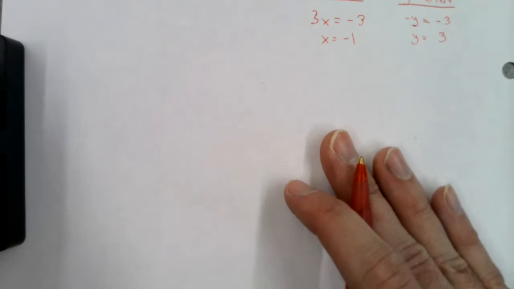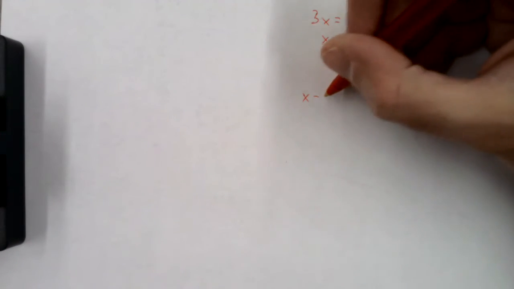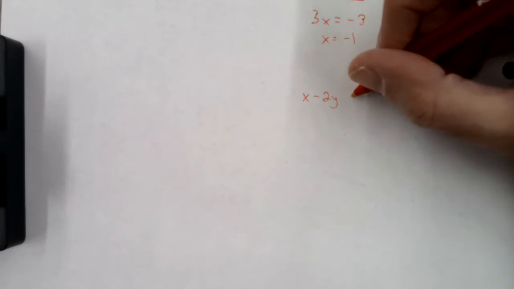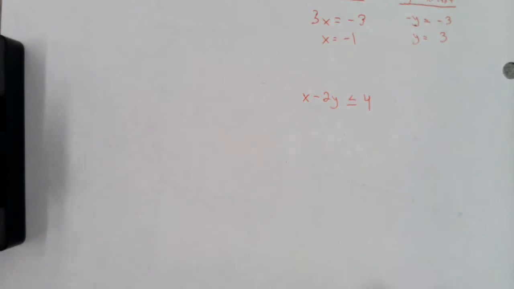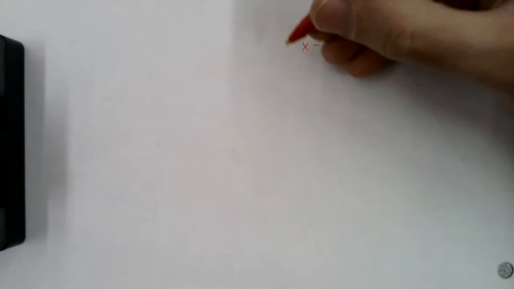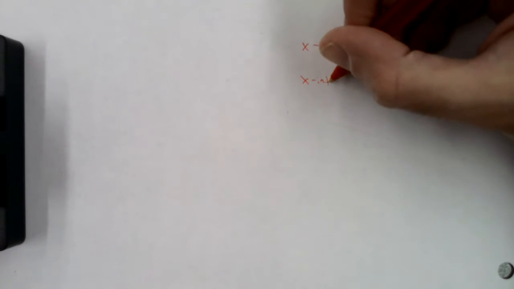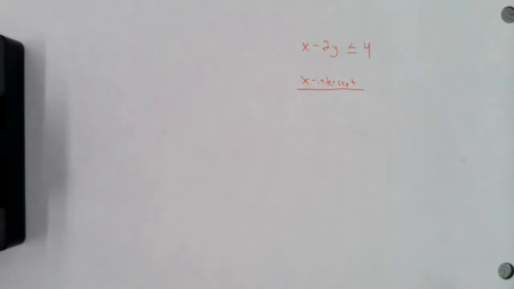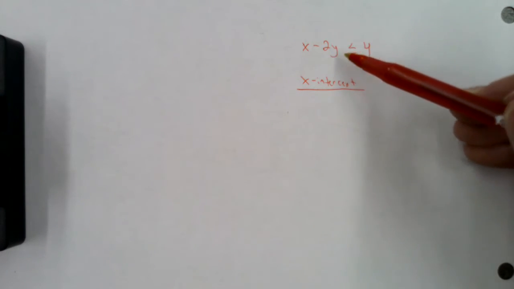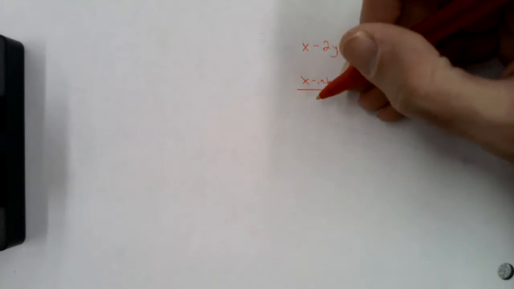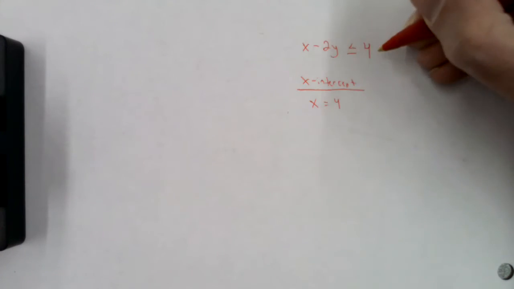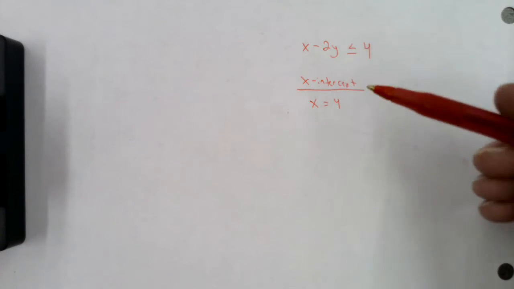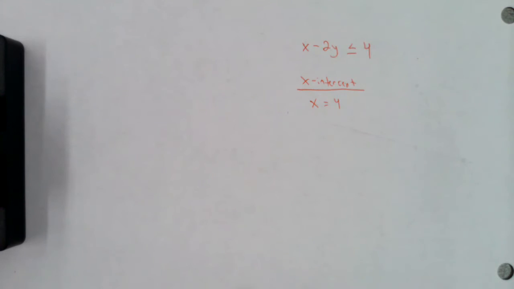x minus 2y is less than or equal to 4. For the x-intercept, replace y with 0, so the y goes away, and you have left over x equals 4. Pretend that's an equal to sign. x equals 4, so that's your x-intercept.